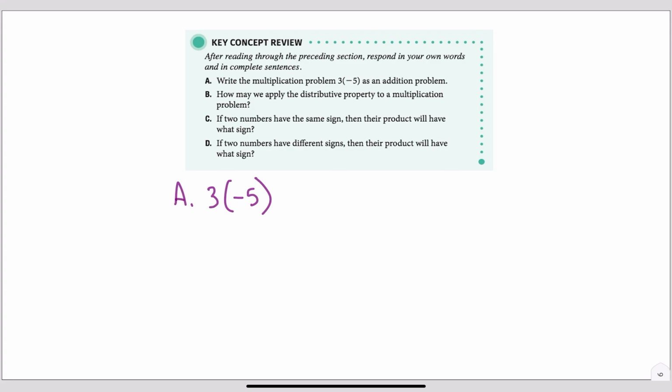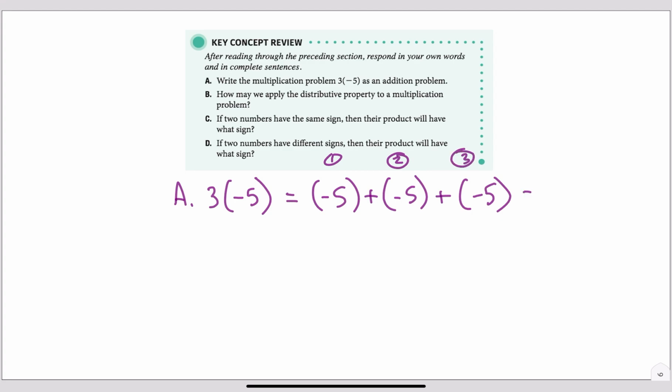So what I would do is I would say, well, it's 3 times negative 5, so I have negative 5 added up 1, 2, 3 times. And of course, they didn't necessarily want us to simplify this further, but we can. 3 times negative 5 is negative 15.